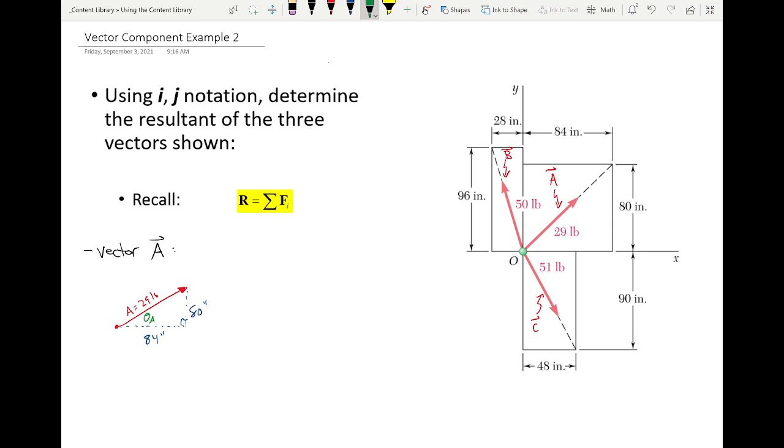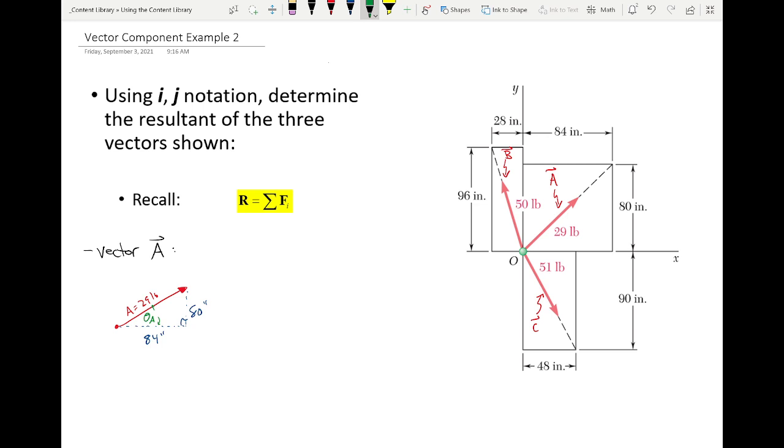So let's dust off our trig skills a little bit. Can anybody tell me how to determine this angle theta A? What's an easy way of doing that? The inverse tangent. That's exactly right. We need the inverse tangent because to determine the angles we're using these sides, not the pounds, since we can't compare pounds to lengths.